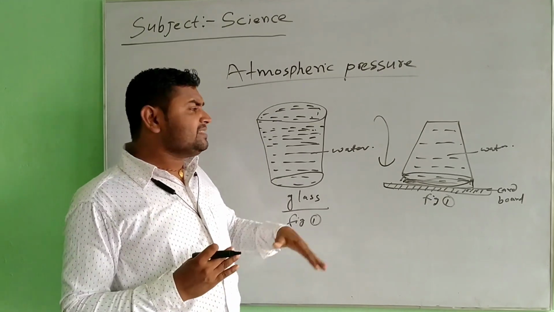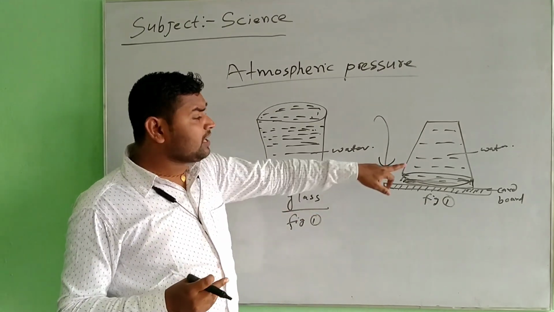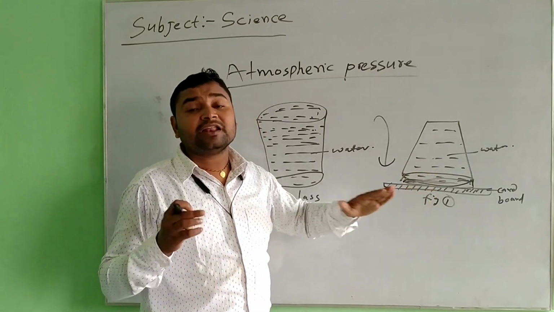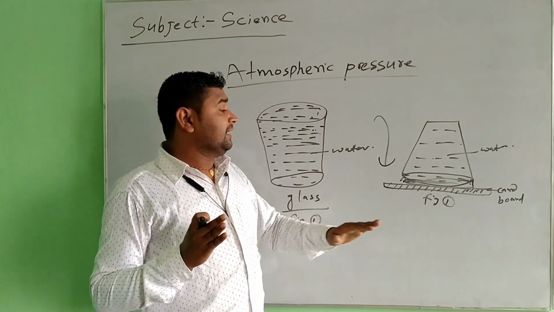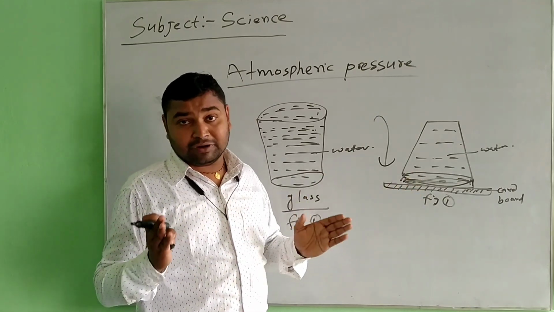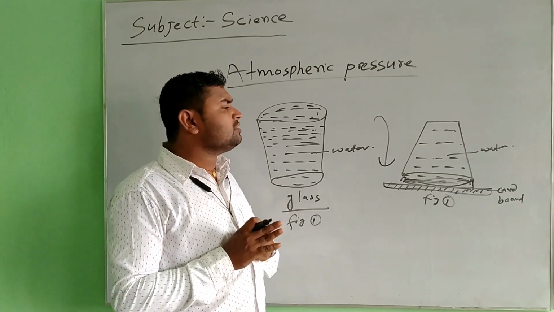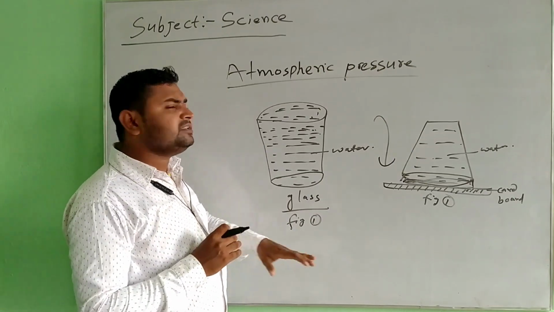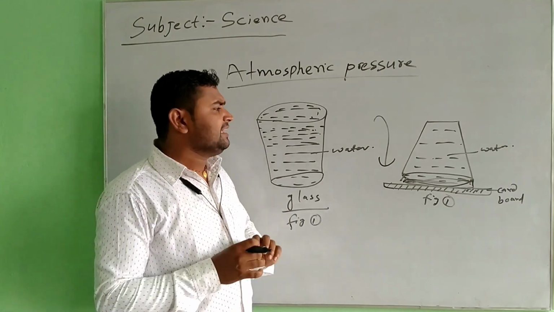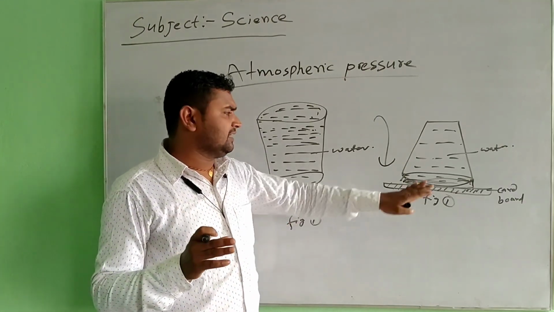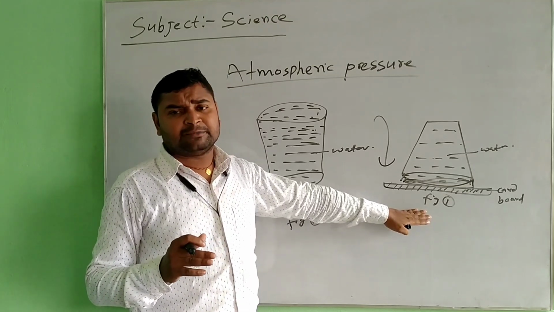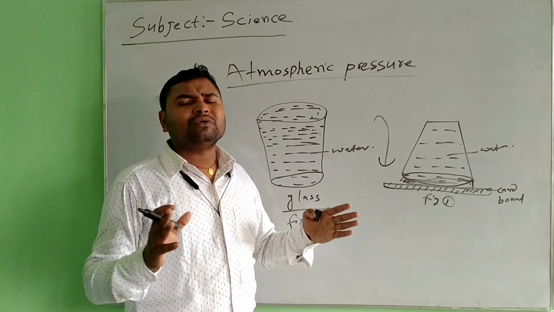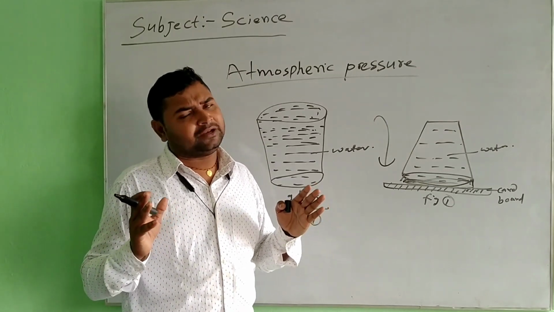It shows that the pressure inside the glass and outside the glass are equal, so it does not fall down. This activity proves the existence of atmospheric pressure. So you can do these types of experiments at home also.